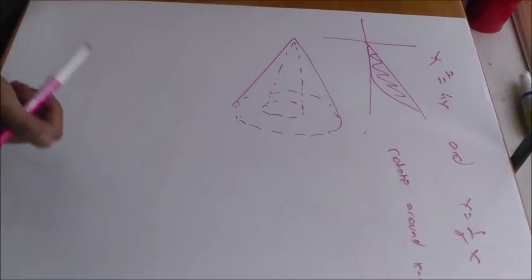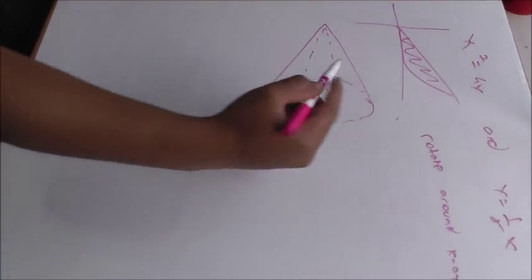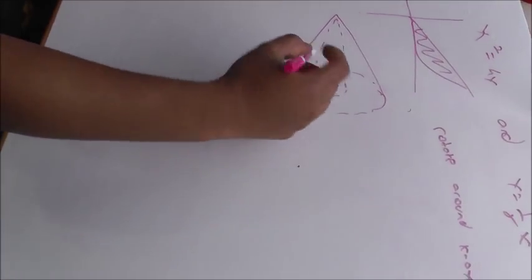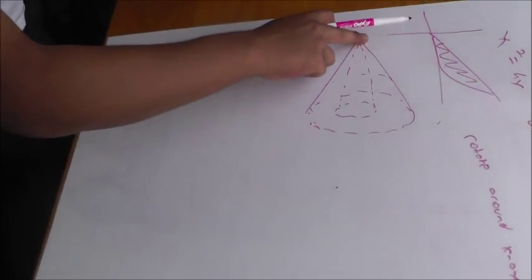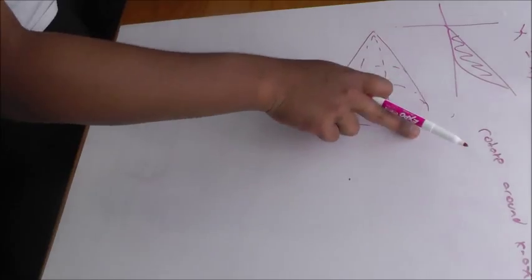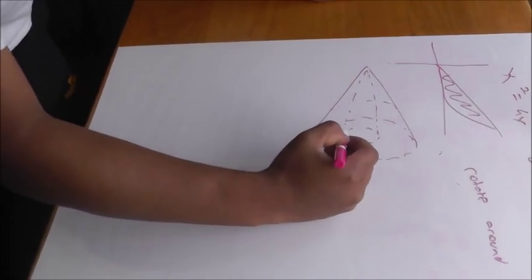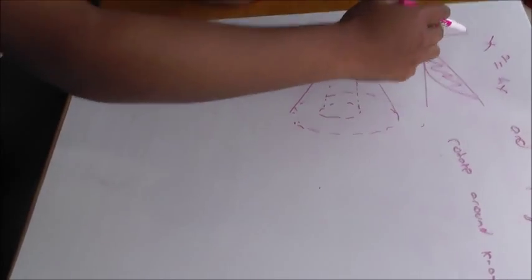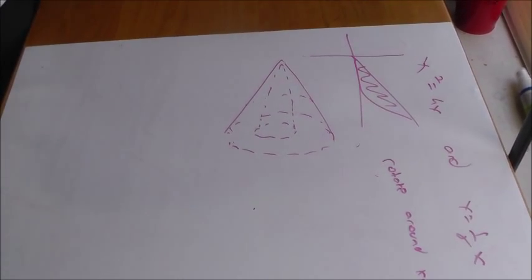To take the volume of this region, we're going to have to find the area of the circle bounded by the line y equals 1/2 x rotated around the x-axis, and subtract the circle that is created by x squared equals 4y. And that's exactly what we're going to do in our integration.